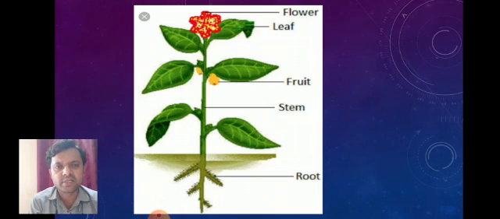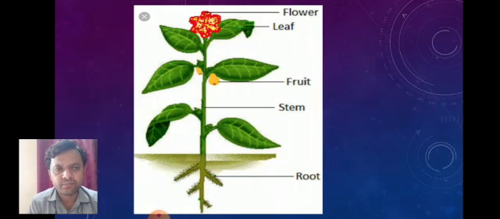You can imagine the stem is the main part of a plant. It is the stem which holds the entire plant on it. The entire plant, right from leaves, flowers, branches and everything, is held by the stem. So stem is a very important part of a plant.